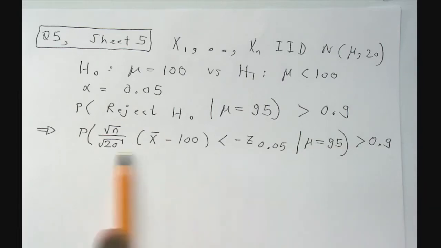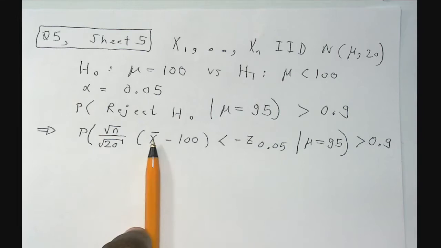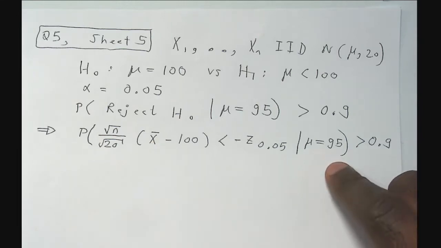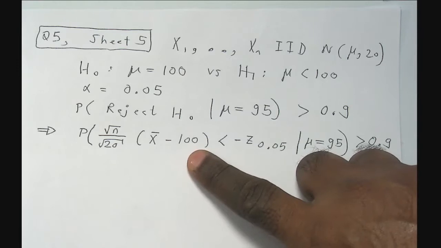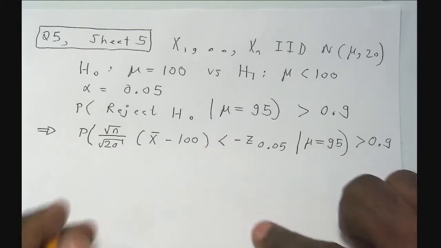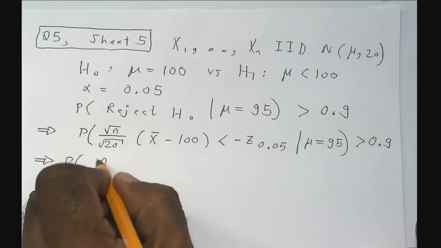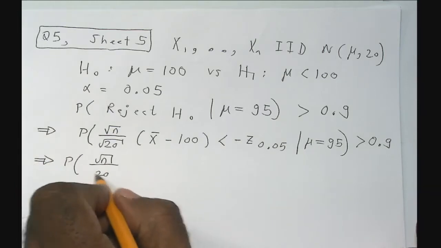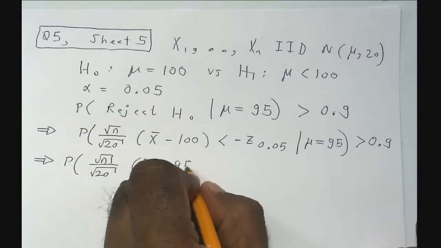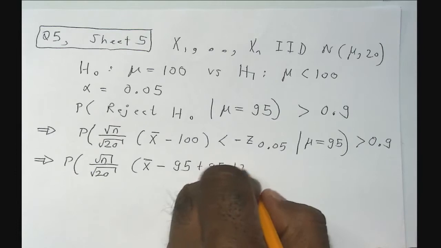Do you see where I got this from? It's from the lecture notes, the rule for rejecting the null hypothesis. Now we are conditioning on the fact that the true mu is 95, not 100. So the next thing we must do is to change this to 95. I'm going to change 100 to 95, right? That means I need to add a 95 and keep the 100.